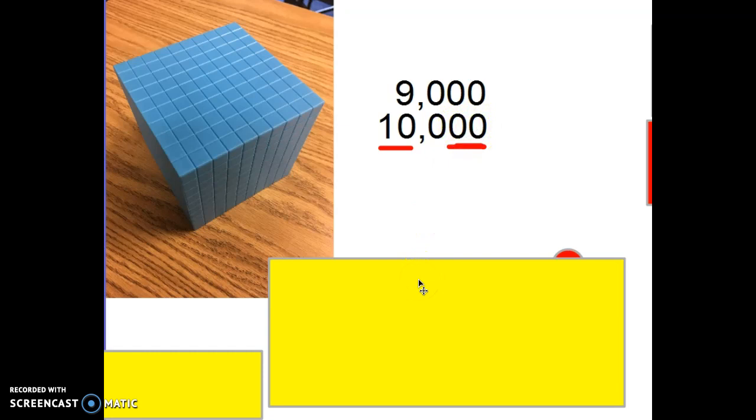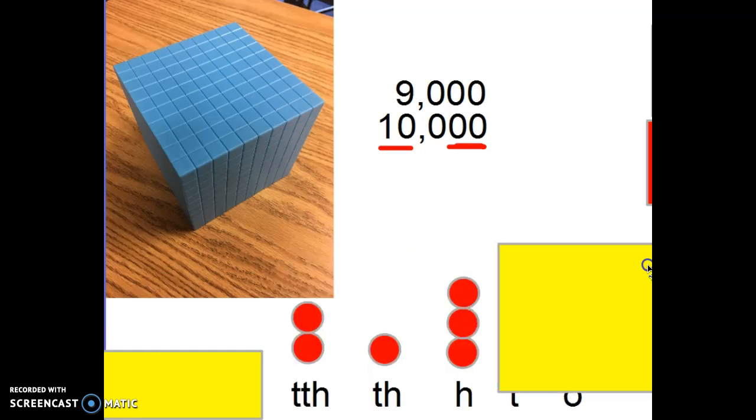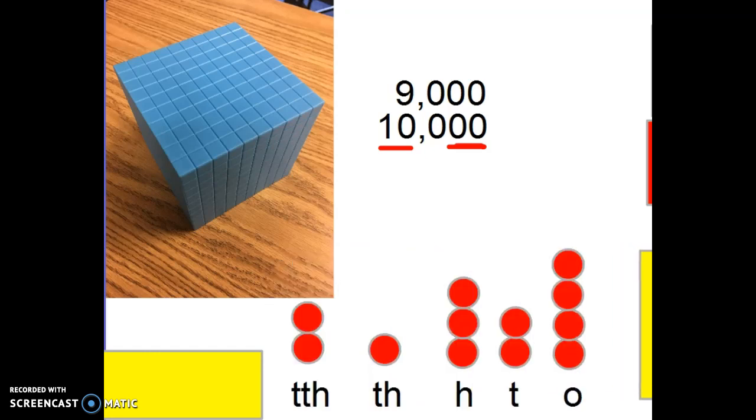Okay, so let's look at an abacus. If you remember, I have an abacus in class. Well, you can use it in all sorts of ways. One of those ways is by understanding place value. So if we have 2 10,000s, 1,000, 3 hundreds, 2 tens, and 4 ones, okay, how am I going to write that?